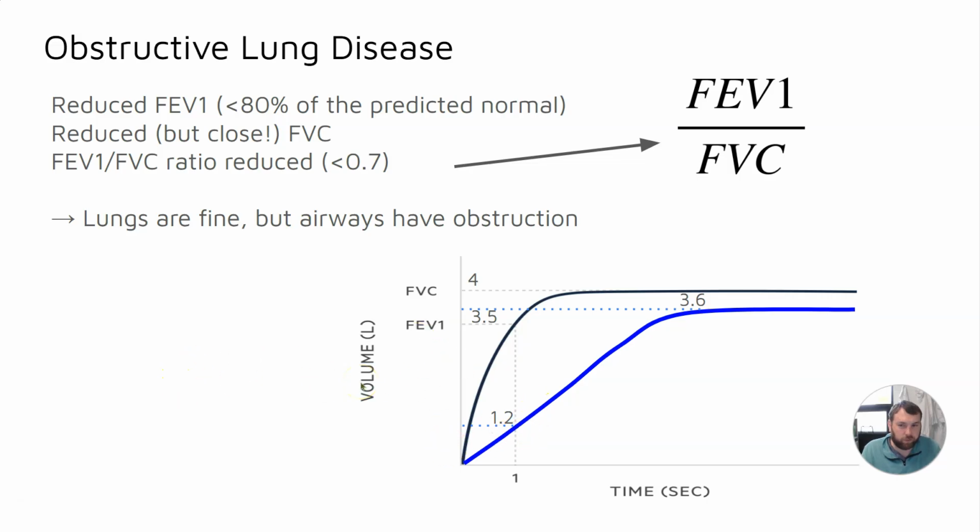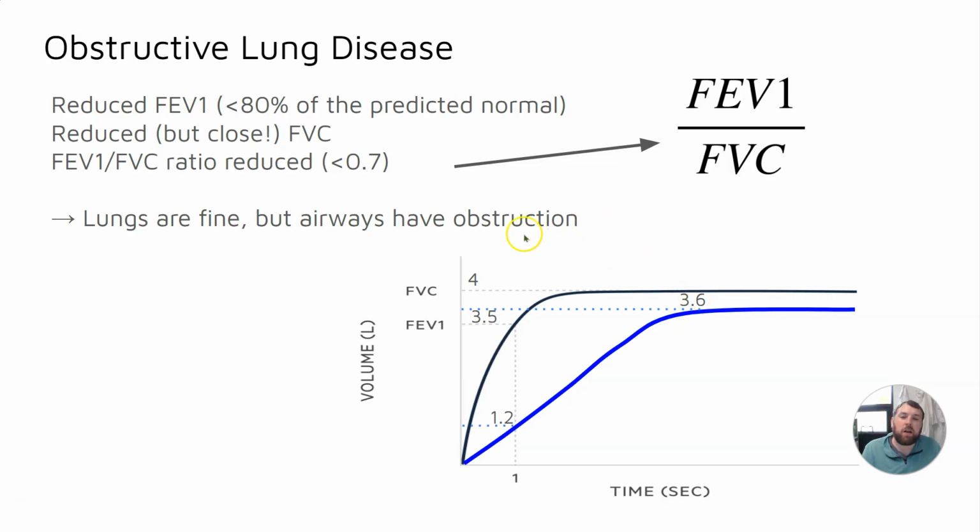We can do this very simply with a little bit of arithmetic, because we can actually compare the FEV1, which is less than 80% of the predicted normal, so we know there's a problem, to the FVC, which is rather close. It's somewhat reduced, but rather close, within 10% of the normal value. It's 90% good.